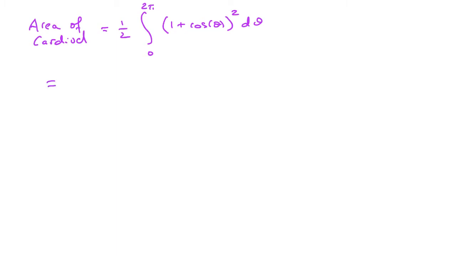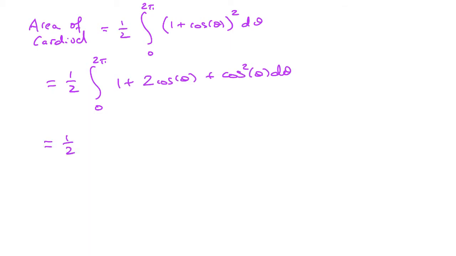Well, if we expand that, then we've got our integral from 0 to 2 pi of 1 plus 2 cosine of theta plus cosine squared of theta. And of course, we use our power reduction formula for our cosine squared, so that we have the integral from 0 to 2 pi of 1 plus 2 cosine of theta plus 1/2 plus 1/2 cosine of 2 theta d theta.